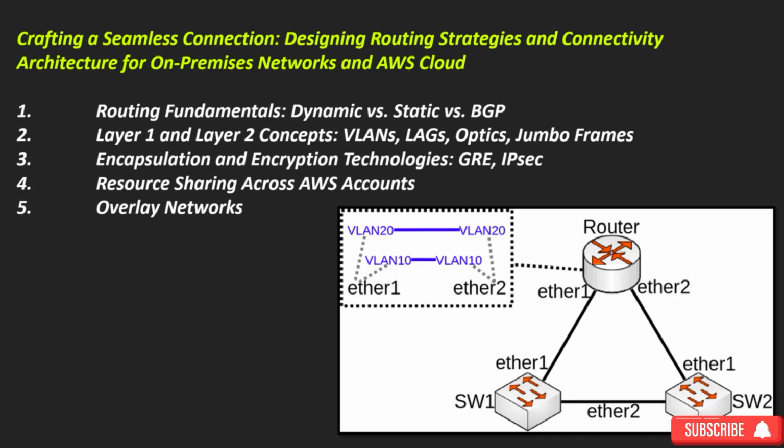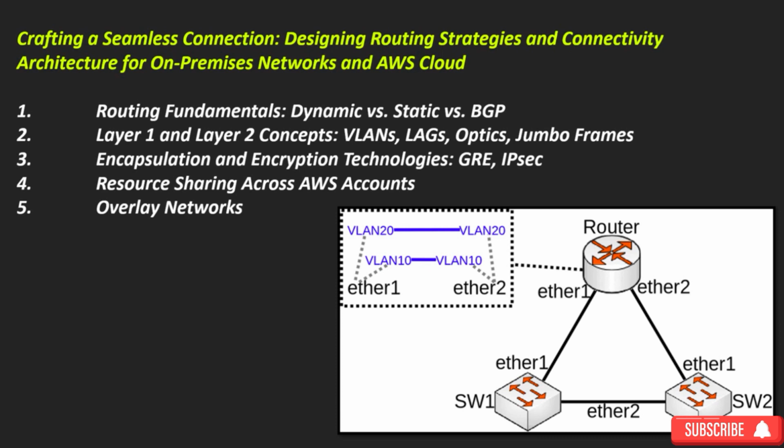Finally, we have overlay networks. Overlay networks facilitate seamless communication between on-premises networks and AWS by abstracting the underlying infrastructure complexities, so we can focus more. Technologies like Amazon VPC, Virtual Private Cloud, allow for the creation of isolated, customizable networks.